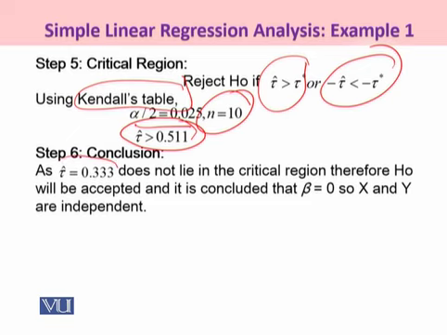The calculated value of tau hat was 0.333, which does not lie in the critical region. Therefore H0 will be accepted on the basis of the evidence we have, and we can conclude that beta is 0. That means x and y are independent of each other, and we cannot make use of x to predict the value of y.